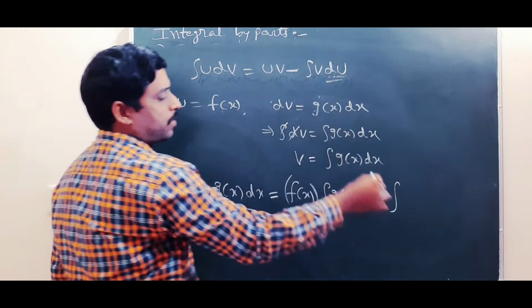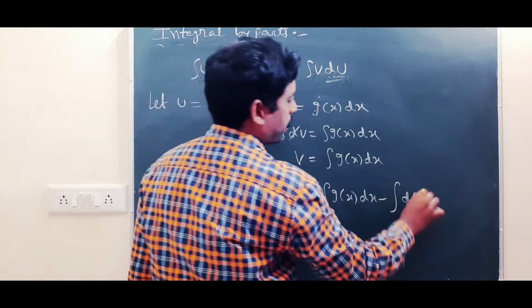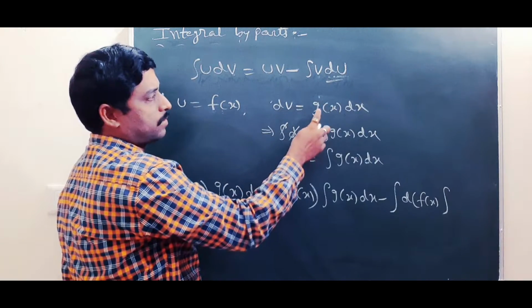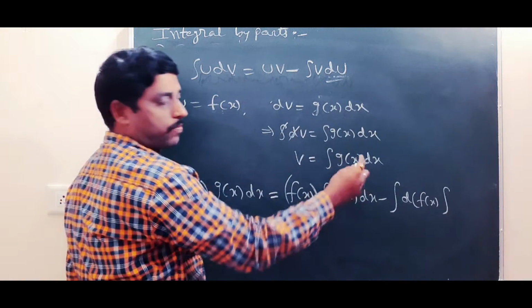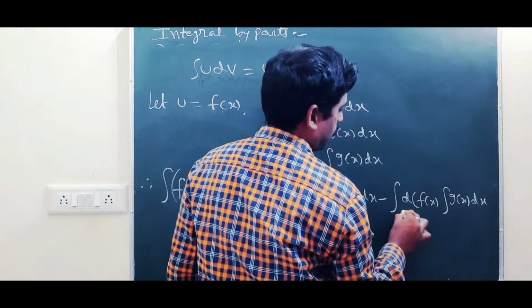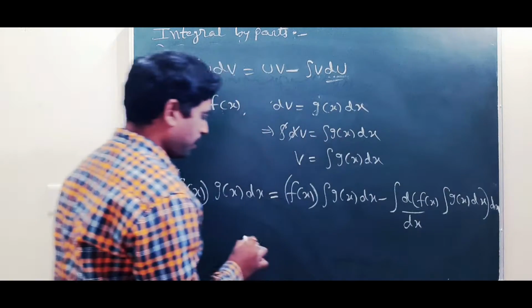So du is the derivative of u, and what is u? u is f of x. So we write integral v, that is integral g of x dx, times f dash x. One dx divides and multiplies. This is the integration by parts formula.